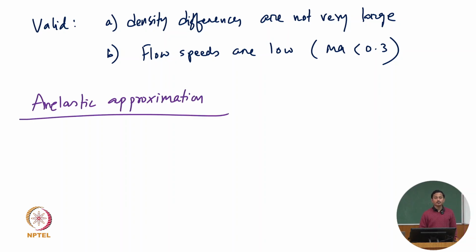You will see that the Boussinesq approximation is a subset of this anelastic approximation. The anelastic approximation can be applied to motions even when the vertical variations are large enough. So we said that the density rho naught, which is the reference density, does not change, and hence the continuity equation just has the form del dot u equal to 0.